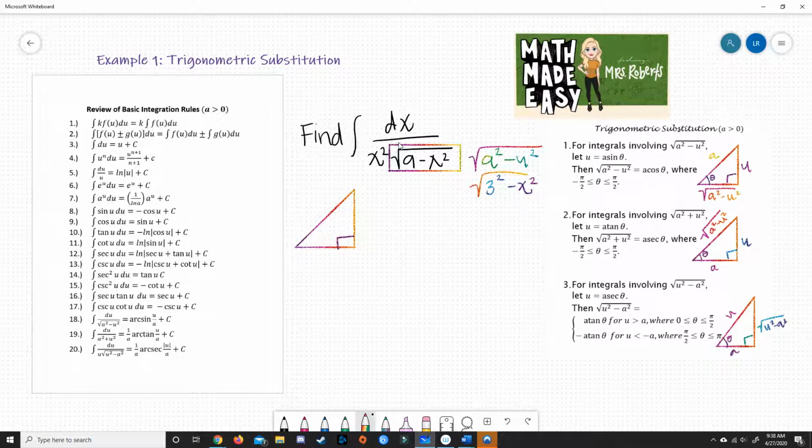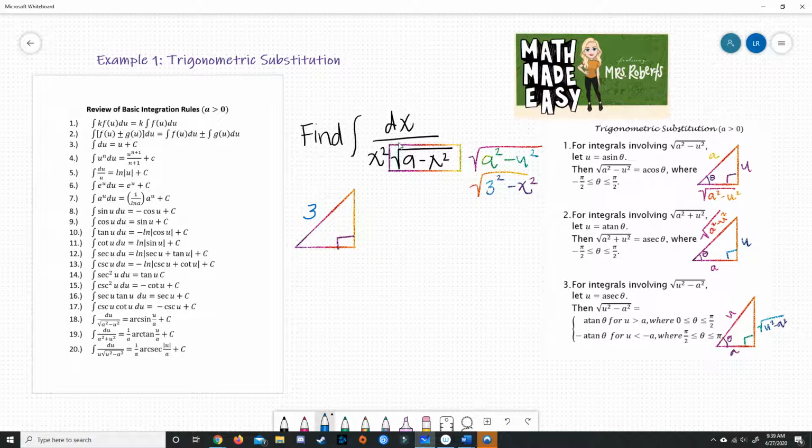So for integrals involving the square root of a squared minus u squared, we're going to let u be a sine of theta. Now in this case, our u is really x. So we're going to say x is a sine of theta. And a is 3. So let's go ahead and fill out this triangle using what we know from here. So what we know is that a is 3. So let's go ahead and write a 3 right here.